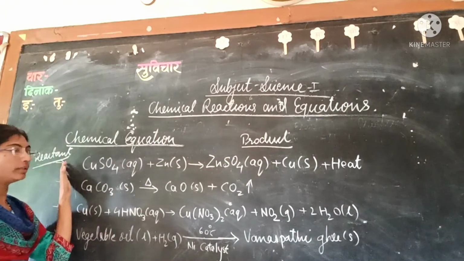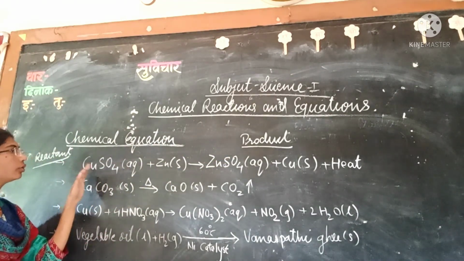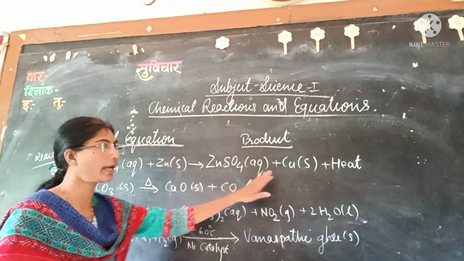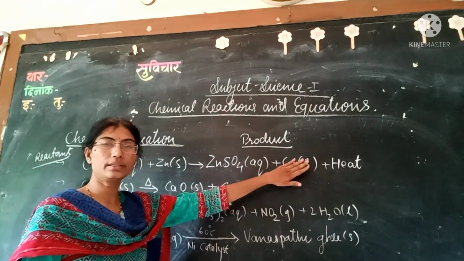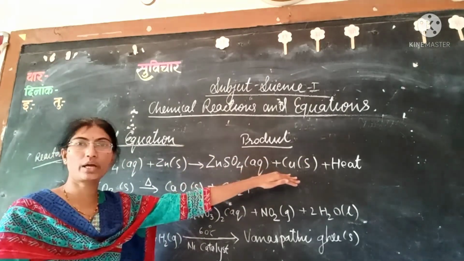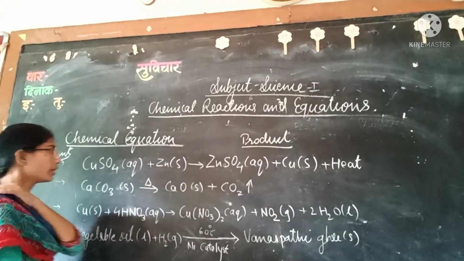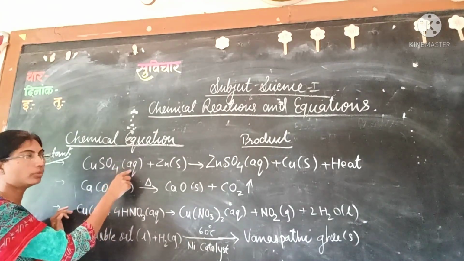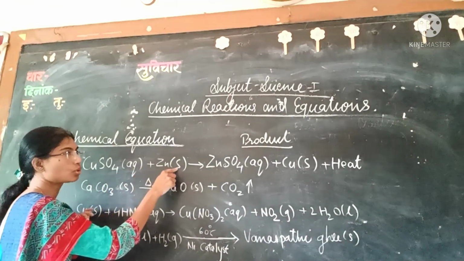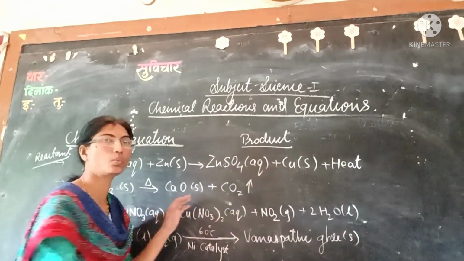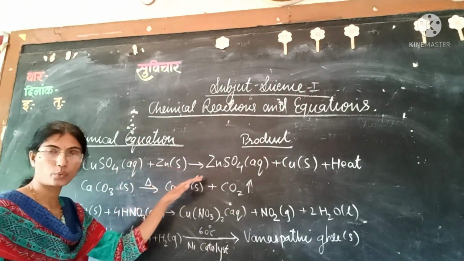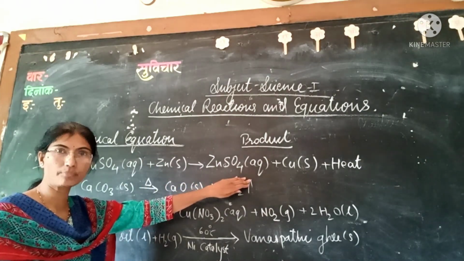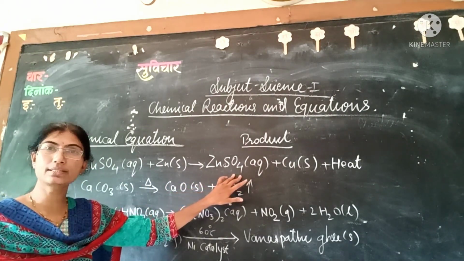Now let's see the first example. Here copper sulfate reacts with zinc to form zinc sulfate and copper. In this equation we have written the compounds' molecular formulas. Let's see the other things we have written. This is AQ, meaning aqueous. Here it is solid. Aqueous means in solution. In the chemical equation we write the compound in the form of a formula, as well as its state.